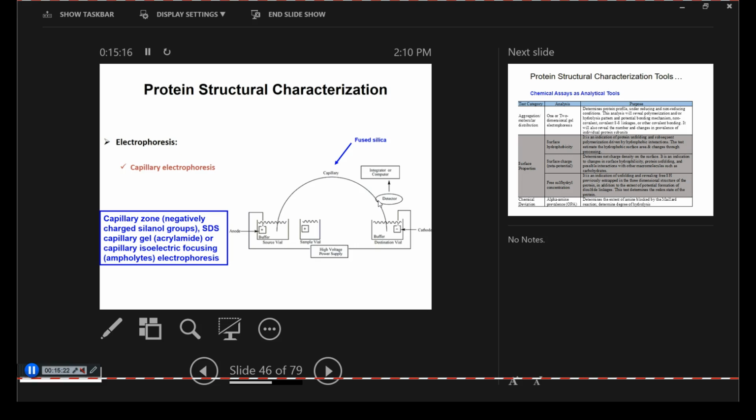So they will separate based on isoelectric point. And then you have the capillary zone, which is negatively charged silanol groups, and the positive charges from the buffer that go towards the cathode will bind to the negatively charged, and they will have a pull for all of the charged proteins. The positive charge is first, negative, and then the neutral will be separated.